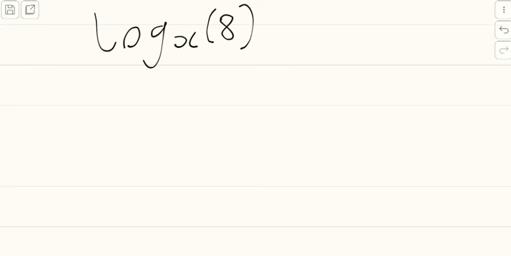Okay, so let's look at our next problem, and that's going to be log to the base x of 8 is equal to 3. Okay, again, x is greater than 0. So using our rearrangement process, x is our base.